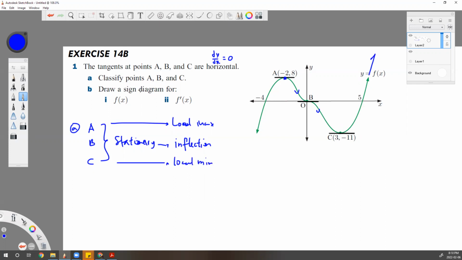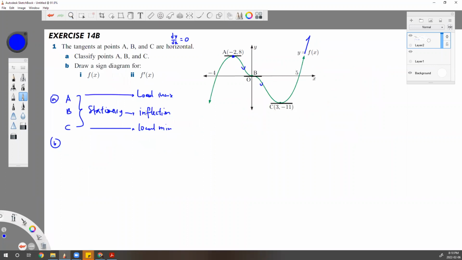Draw a sign diagram for f(x). Okay, sign diagram of f(x). So you have to draw like this. Sign diagram means the positive or negative only. We have -4, 0, and 5, right? So start from below -4, it is negative, right?